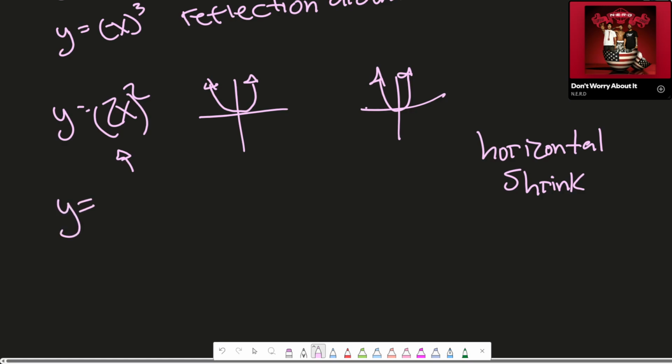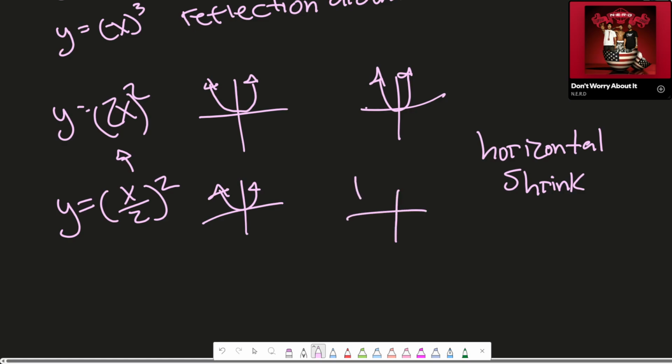And now, that's why when we have something like y equals (x over 2) squared, we'd see the opposite, where the graph is being divided by 2. So it's 2 times slower. And since it is 2 times slower, we end up getting something like this, where the graph is a lot wider.